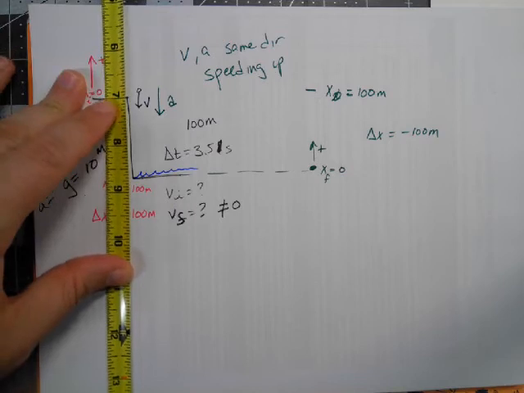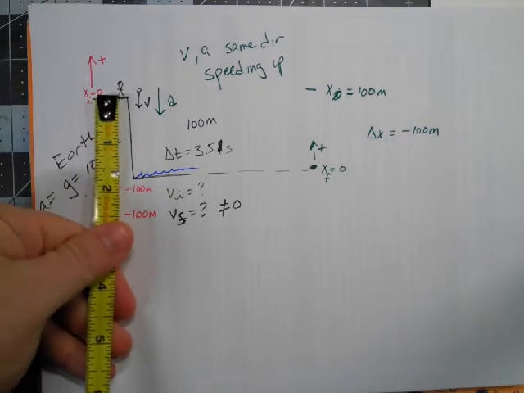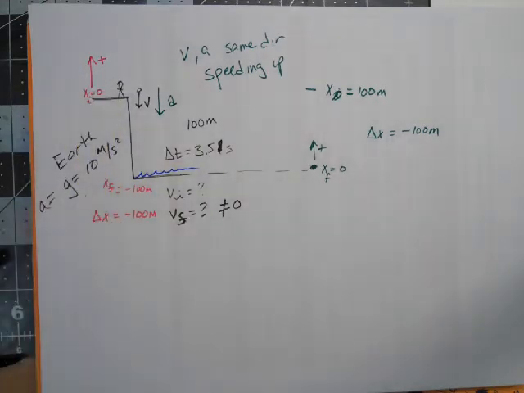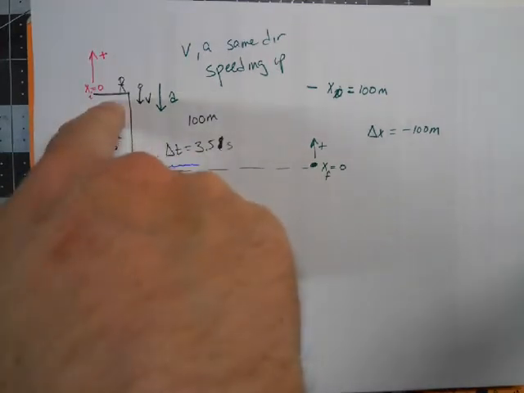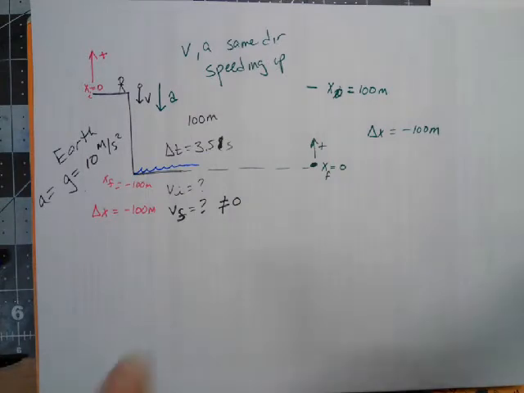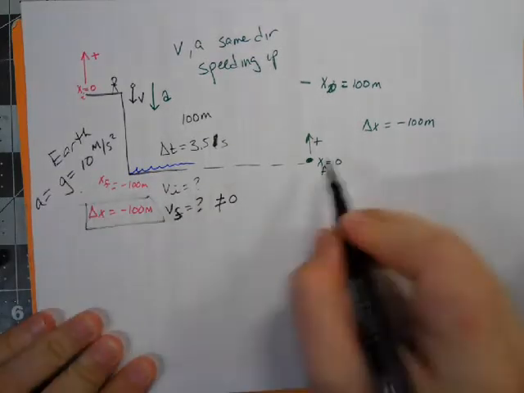And that distance is still 1 3/4 inches, no matter where I put the end of the ruler. Still the same distance. It's still 100 meters fall, whether I put my 0 at the ground or at the top or at the center of the earth or somewhere in space. It doesn't matter where the positions are. The displacements, the delta x's, are the same.